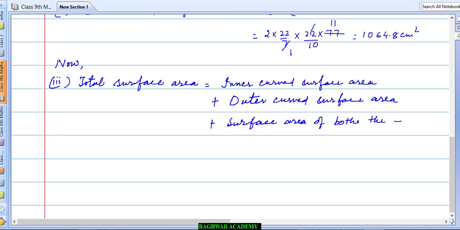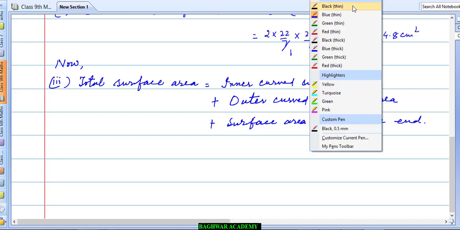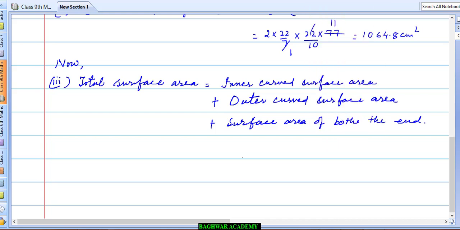Both the ends means, suppose you have both the ends of your pipe in this shape. So this area at both the ends you need to find out.